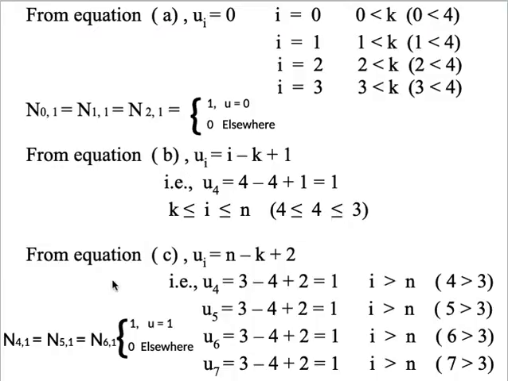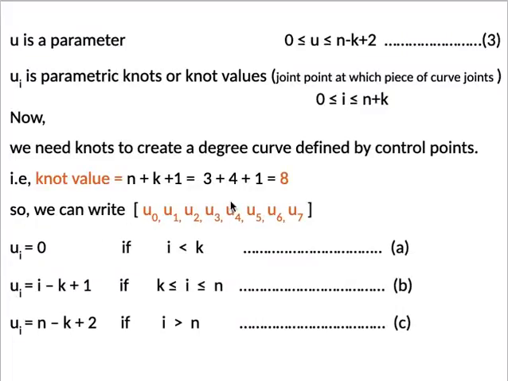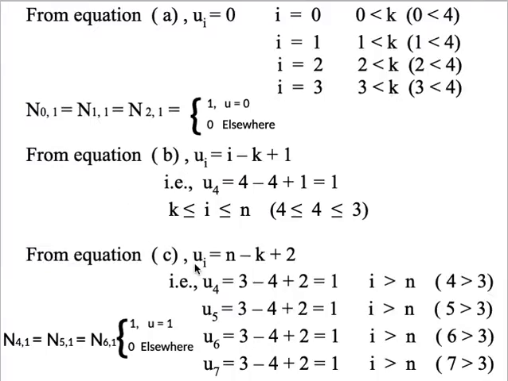So again come to this third equation. If you go to the third equation, I should be greater than n. Putting the I value in this equation, if I is greater than n, it will satisfy the equation. Suppose I take I as 4, then that equation is 3 minus 4 plus 2, which is equal to 1. The answer is 1. Here I is greater than n because I have taken I as 4 and n is 3.